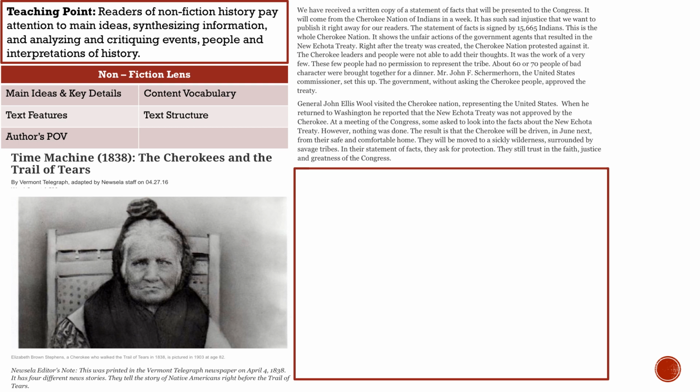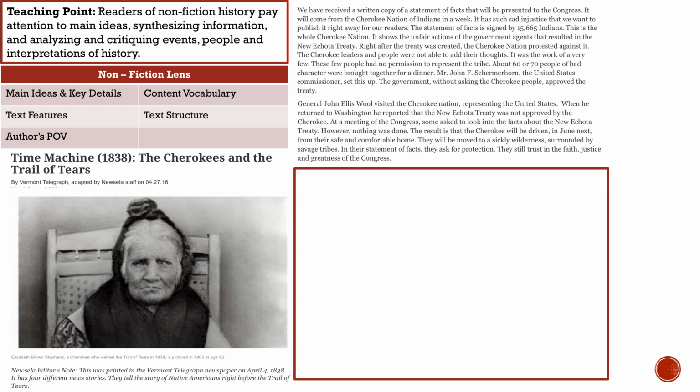So I see in this note, it was printed in the Vermont Telegraph newspaper on April 4th, 1838. And this has 4 different news stories, and they tell the story of Native Americans right before the Trail of Tears. So this is going to be 1838, April 4th. This was right before the Trail of Tears.